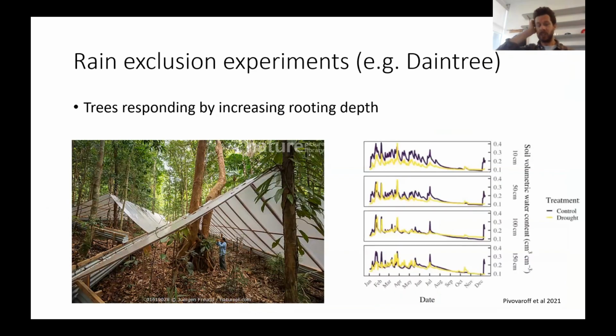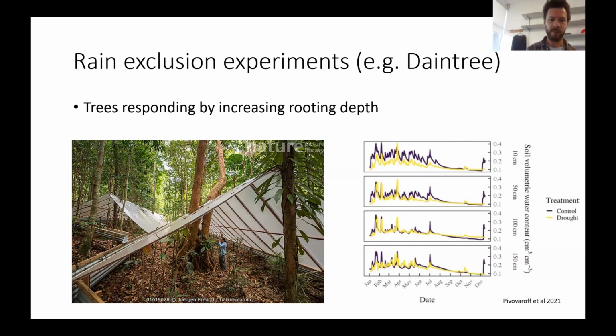Another approach is to exclude rainfall from the system itself. So there's a little bit of control being applied here. Of course, it's very expensive, but a super interesting experiment to set up. This is in the Daintree, and it's been there for several years; I think this data is from 4 years of research.